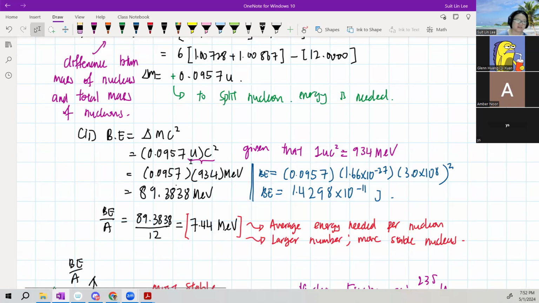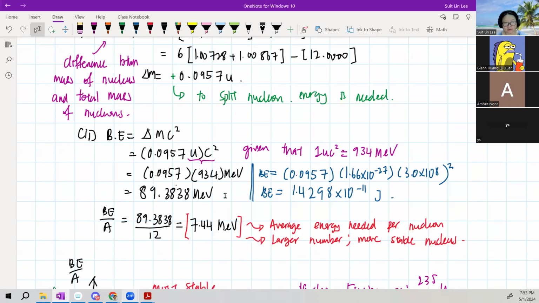Of course, if they never give you 934, then you work it out: u is 1.66 × 10^-27, c² is (3 × 10^8)², and the unit will be SI, but most of the time for atoms we prefer MeV.